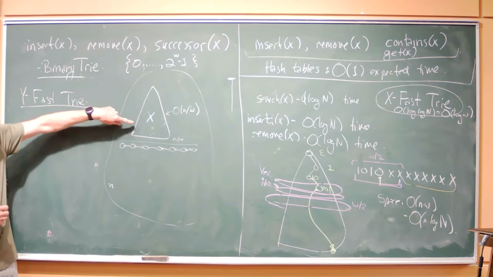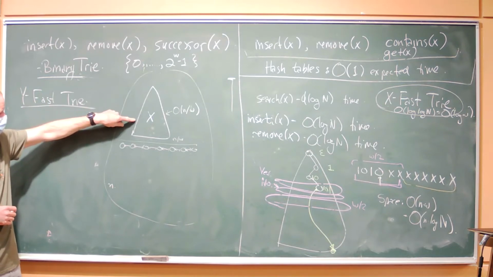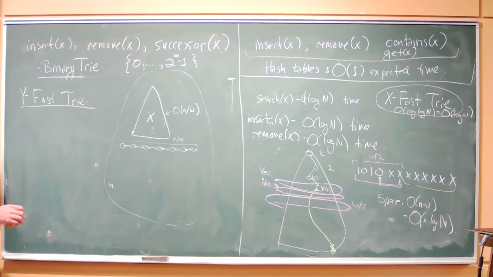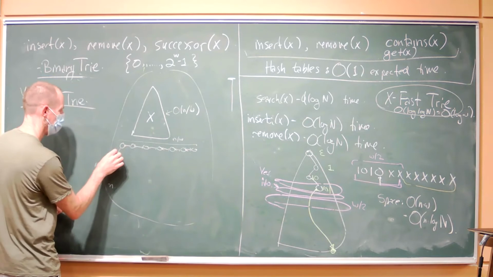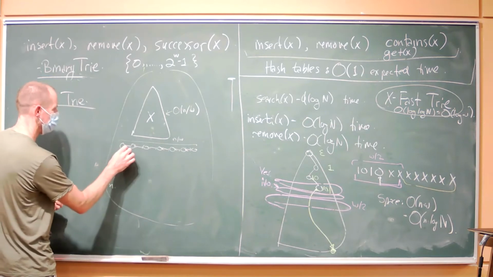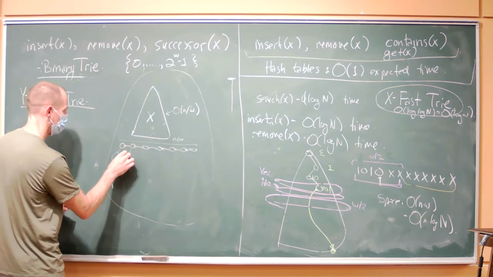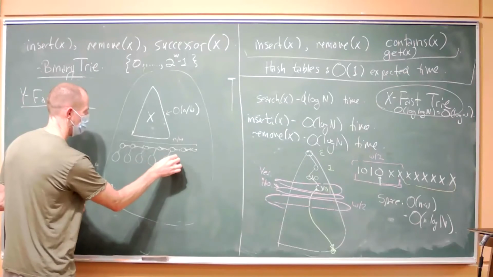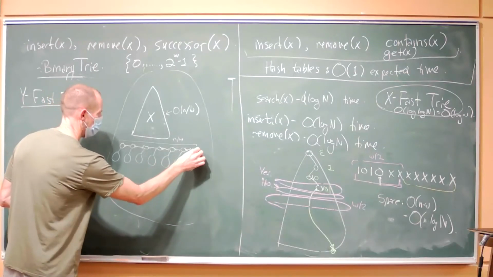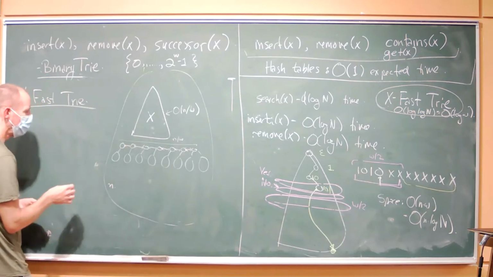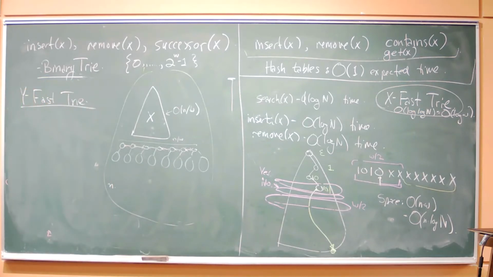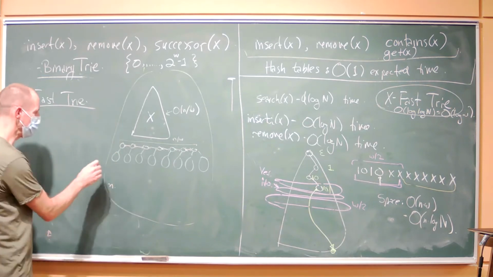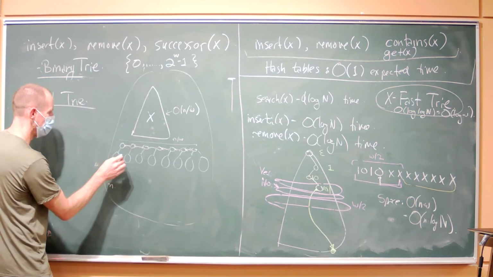So that means if these are the things that are actually stored in the XFAST try, the things that are not in the XFAST try, well, they're broken up into little groups here. And if this was perfect, if I really took exactly 1 out of every w, then each of these groups would have size w minus 1.